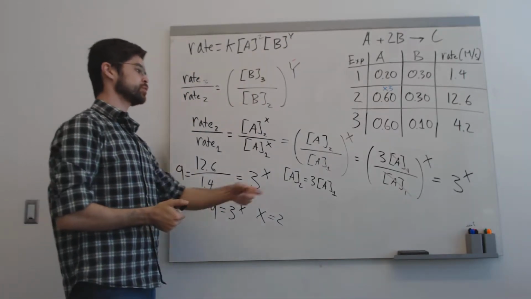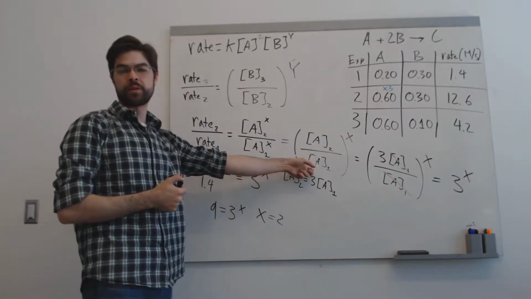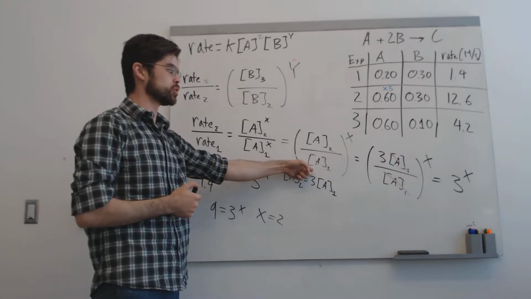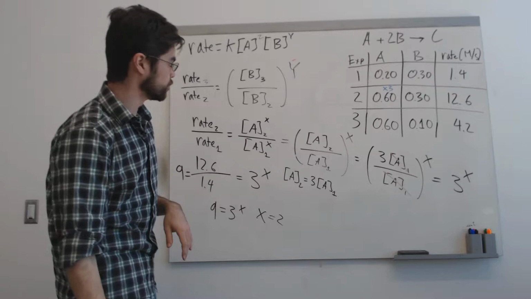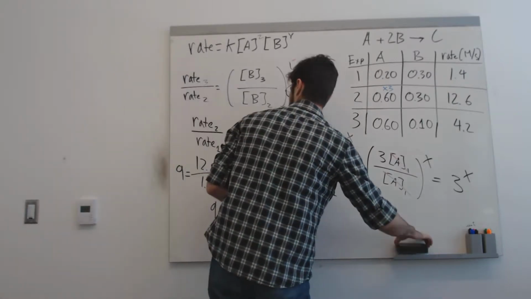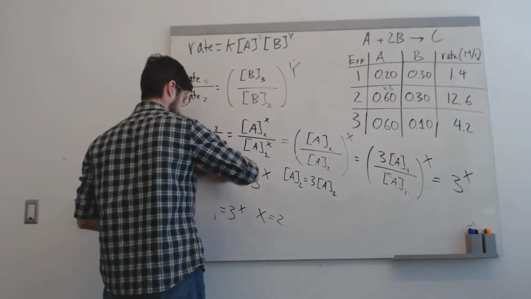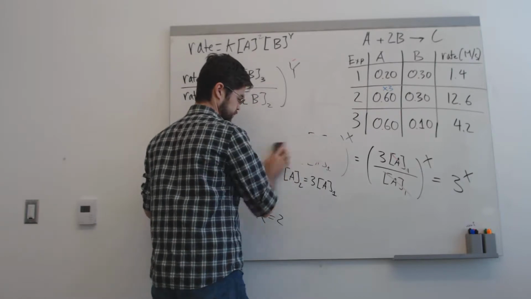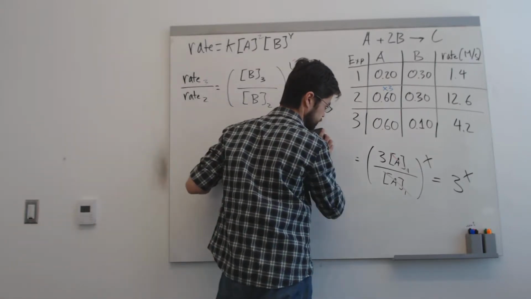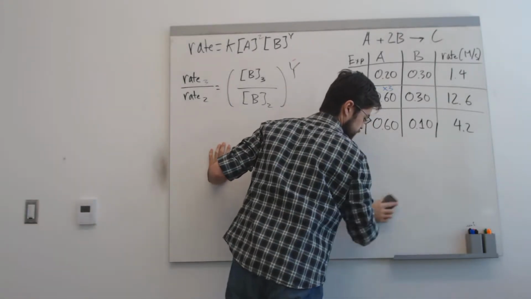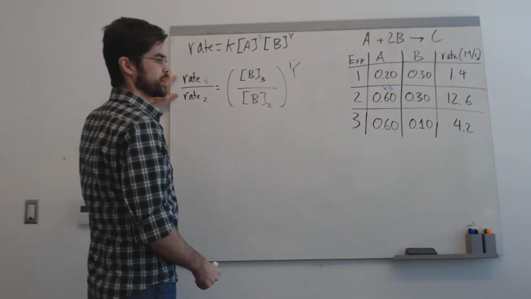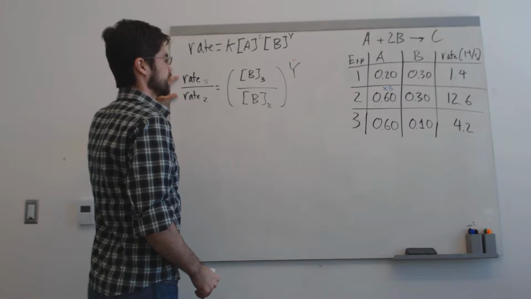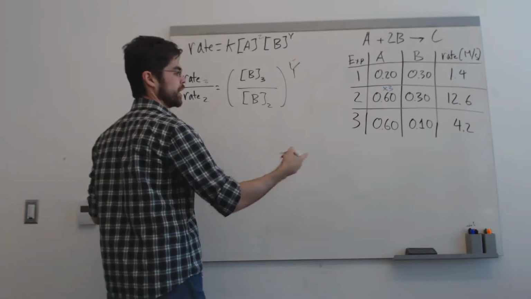Again, this was the final derived step that will be most useful for us to apply the method of initial rates here. So I can say, what was the ratio of the rates between 3 and 2?